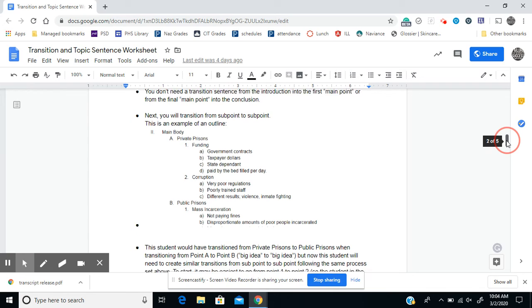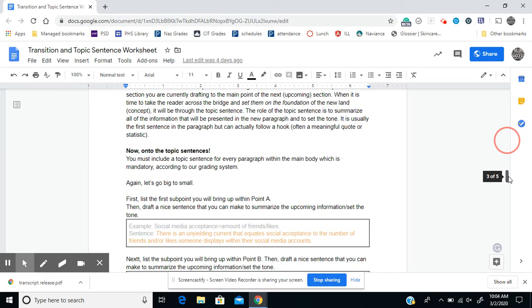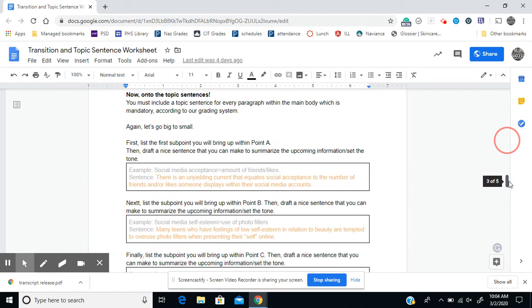So then what you want to do is start thinking about topic sentences. Now that we've talked about transitioning from one idea to the next, now we start solidifying the next idea. So we need a nice strong sentence, which is going to be the first sentence in that next paragraph to talk about that topic only.